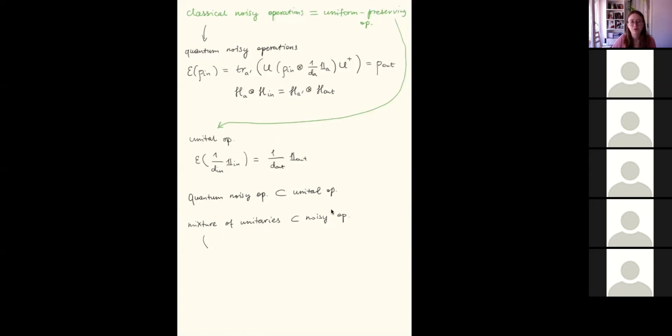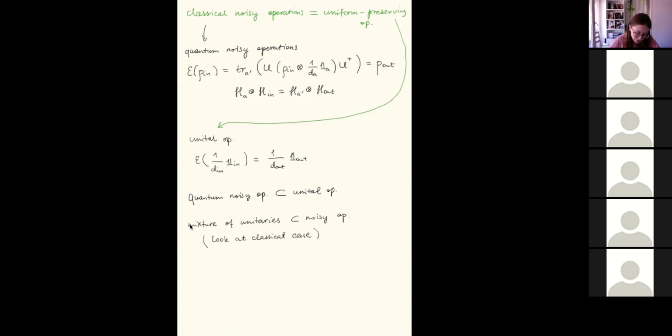And here, the first inclusion is quite straightforward. I guess you can see it if you just think about how you plug in the maximally mixed state instead of rho. For the second inclusion, we have already actually seen the proof of it. So the hint here is to look at the classical case and how you have to partition the space.